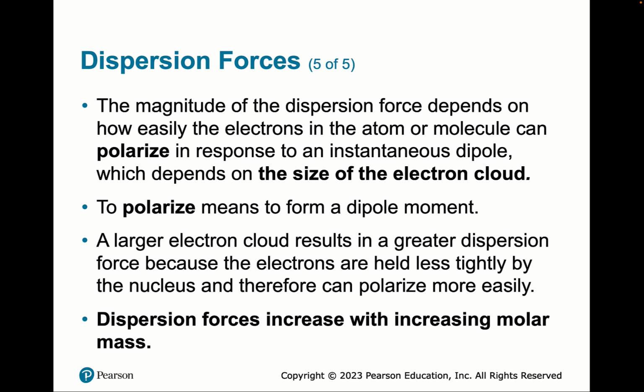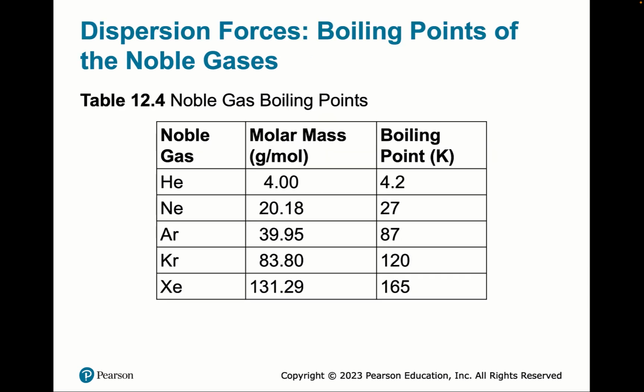So it has to do with the polarization, and increases with molar mass, and also changes with the shape. If you look at the noble gases here, for instance, the boiling point consistently goes up as it becomes more massive, but it's still pretty low. I mean, 165 Kelvin is still lower than negative 100 degrees Celsius, so that's pretty chilly.